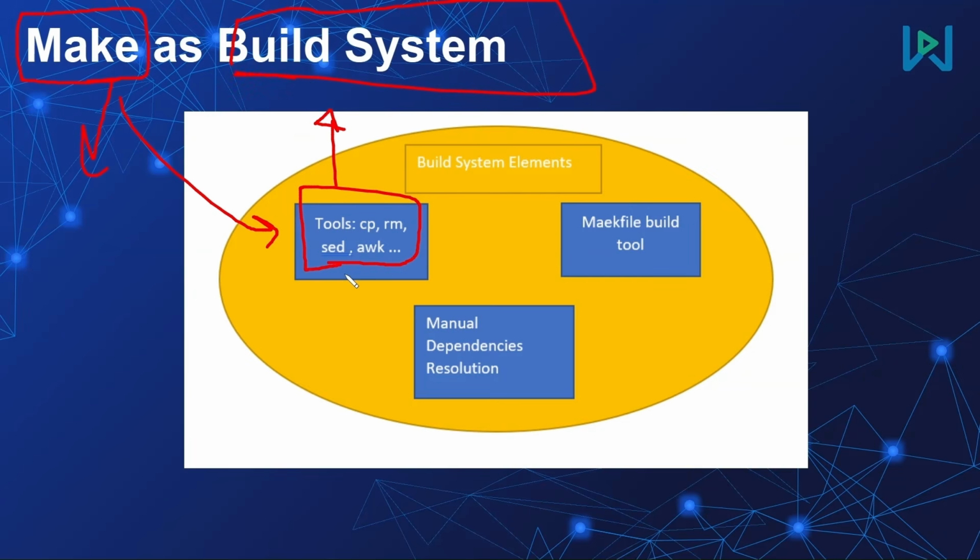So if you combine the use of tools like cp for copying, rm for removing directories, sed for modifying sources, and so on, with the build capabilities supported by our Make build tool, we can create this complete build system. And in most embedded system projects, this is what is happening.